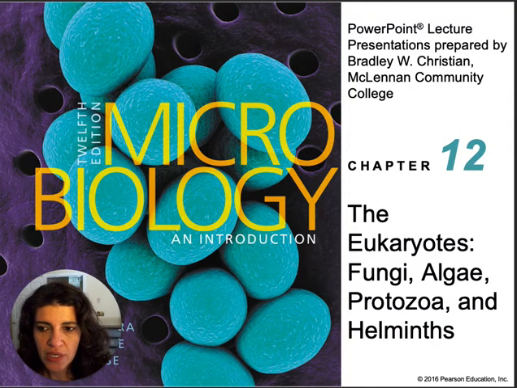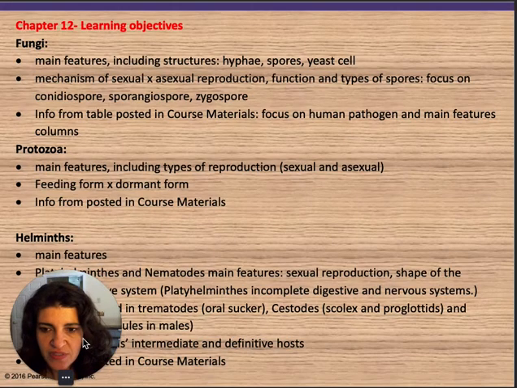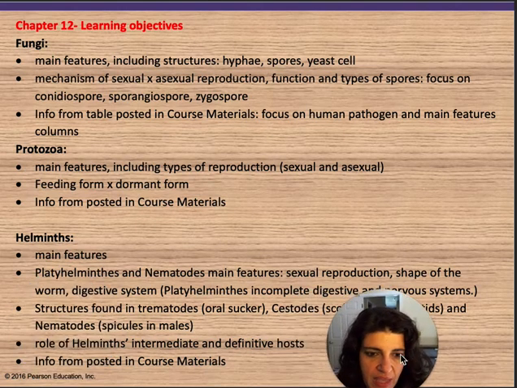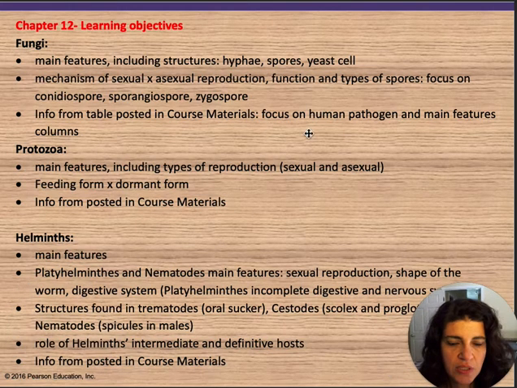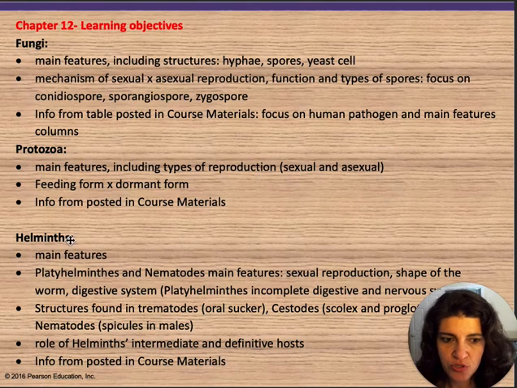So if you look at our learning objectives list, you're going to see that we have main features, for example, for fungi. We're going to divide this chapter into fungi, protozoa, and helminths. Our first video is about fungi, second about protozoa, third about helminths.